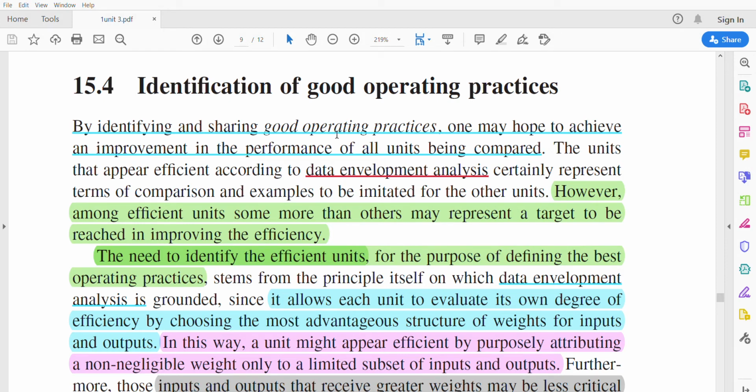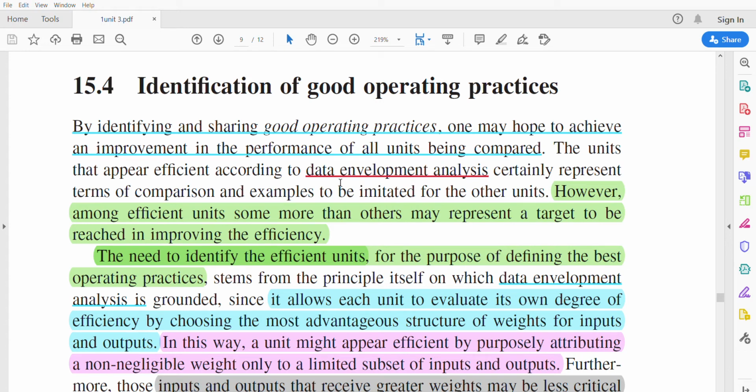And you already discussed the data envelopment analysis. By this method, we are identifying the efficient units, efficient DMUs. So, for identification of good operating practices, the basic principle is also the data envelopment analysis.